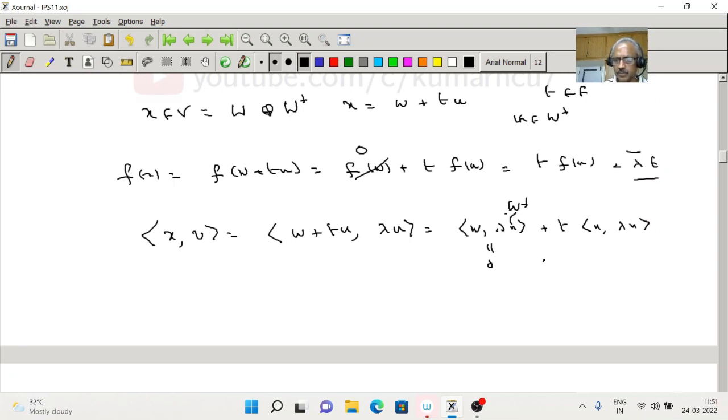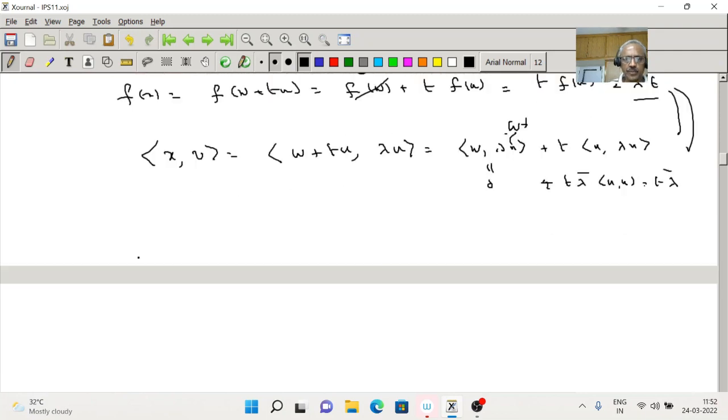And therefore lambda bar comes out, inner product of U with U, which is T lambda bar. These two are equal, right? Therefore, we have proved for all x in V, F of x is the inner product of x with V, and uniqueness as we have done earlier.